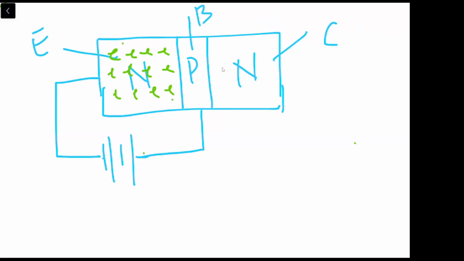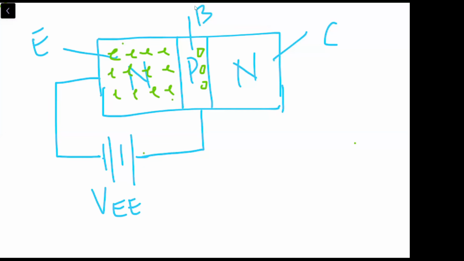So this means we will have very few majority carriers in the base, right? Because in the N side, the majority carriers are the free electrons which are in the conduction band, and on the P side, the majority carriers are the holes which are in the valence band, right? Let's suppose the biasing over here is VEE. Now what will happen?